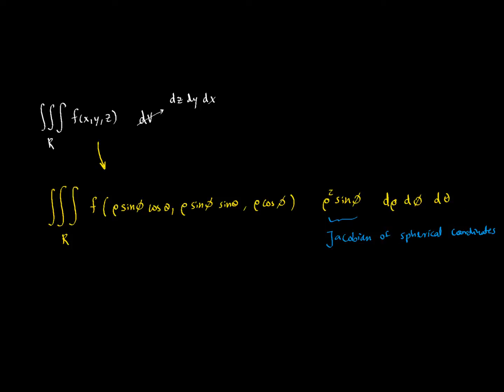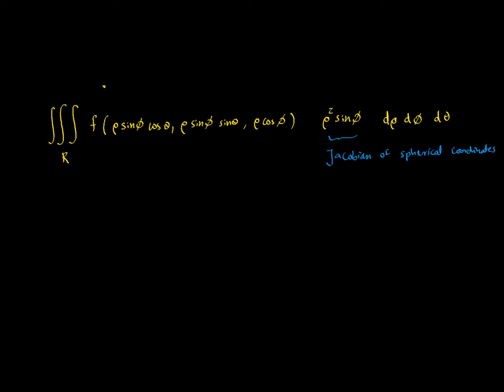So I also want to mention that the highest value phi could take is equal to pi. Unlike theta, which can range from 0 to 2 pi, phi can only range between 0 and pi.